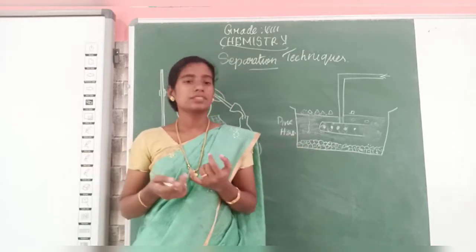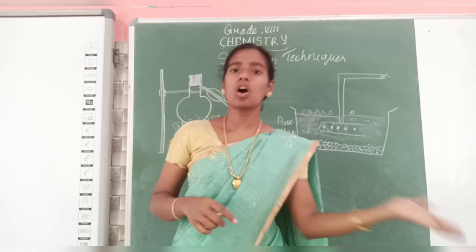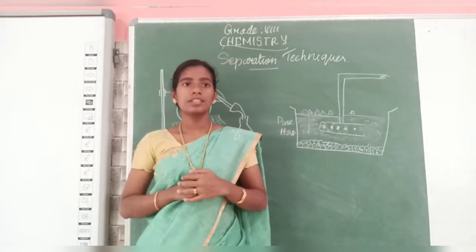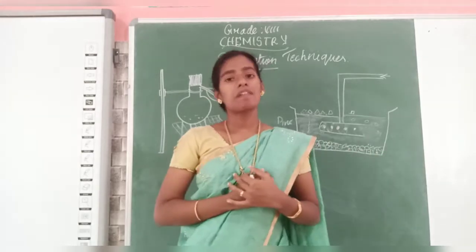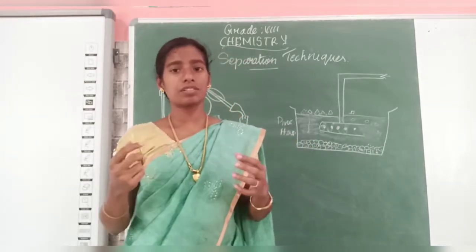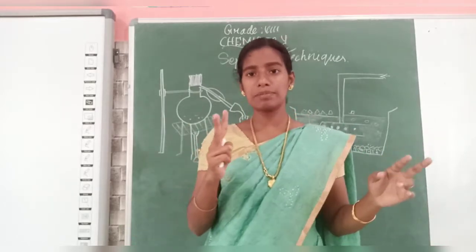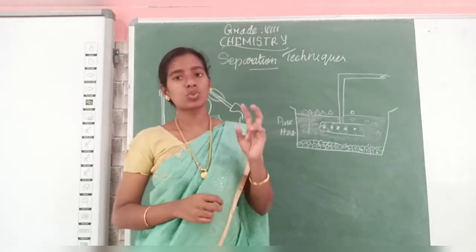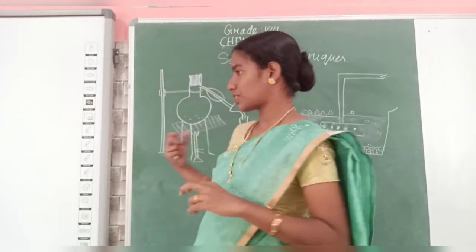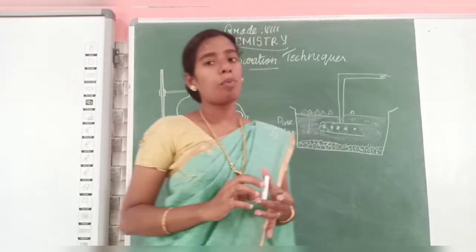For example, consider water has boiling point 100 degrees and some other liquid has a boiling point lower or higher, consider 60 or 70. Oil you cannot take because oil and water are immiscible. Two miscible liquids you have to take, and when you add these two miscible liquids in this distillation flask, this is purely depending upon the boiling point.